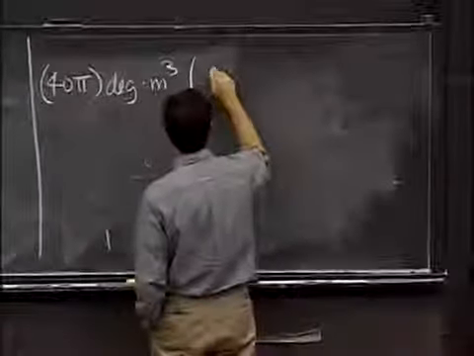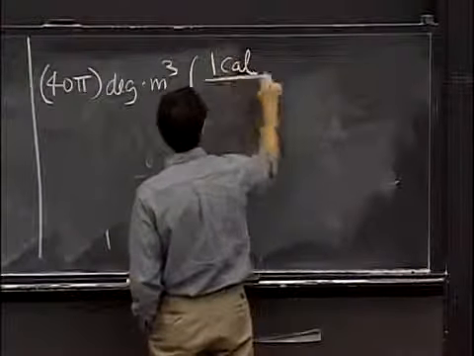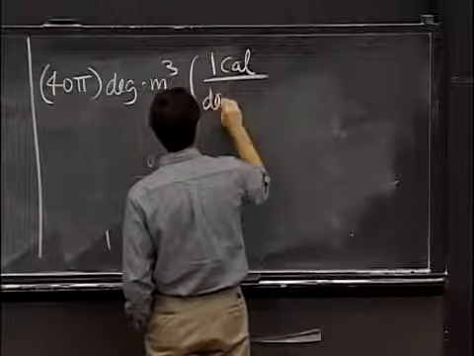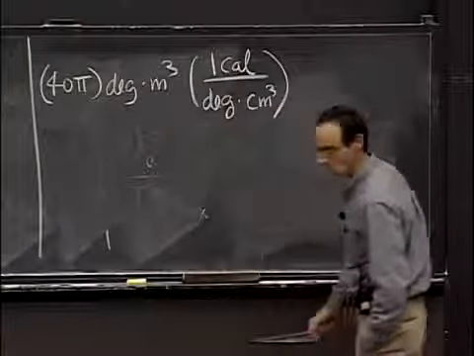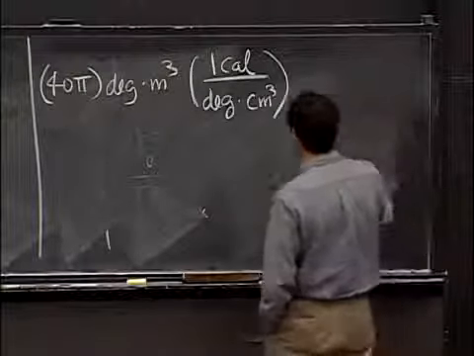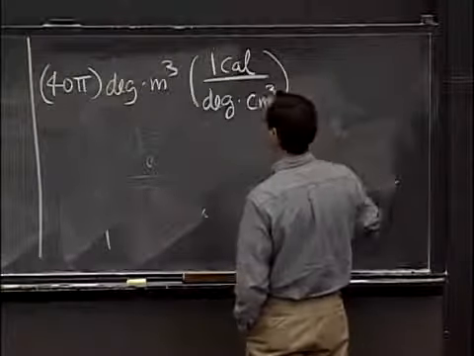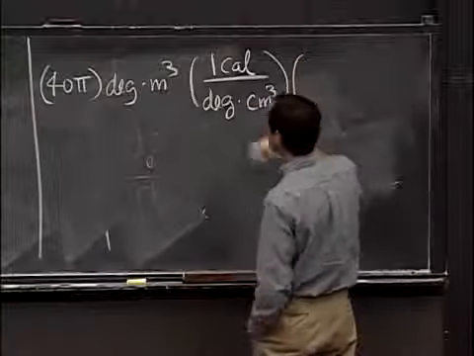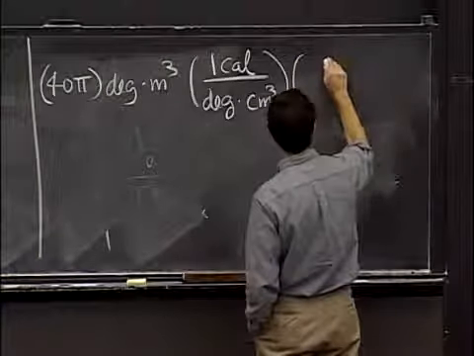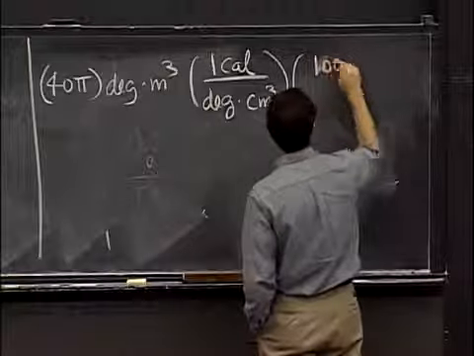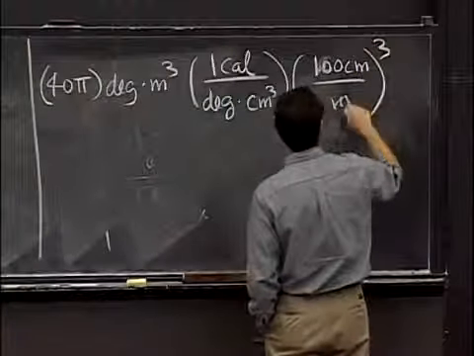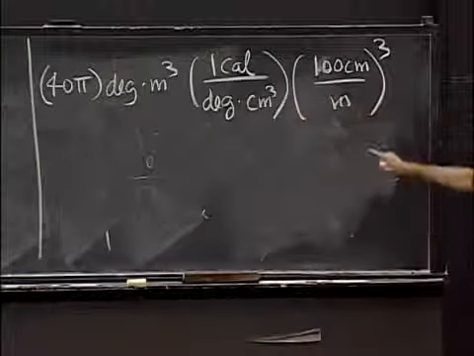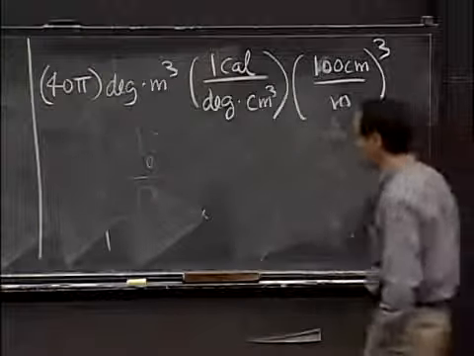First of all, there's 1 calorie per degree times a milliliter. That's one conversion. And then, let's see. I'm going to have to translate from centimeters, so I have here 100 centimeters per meter cubed. So these are the two conversion factors that I need.